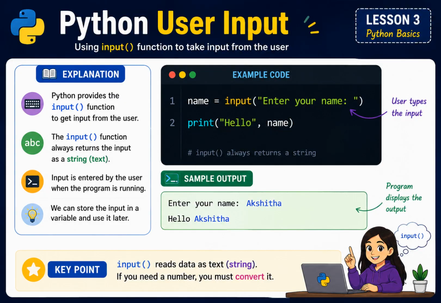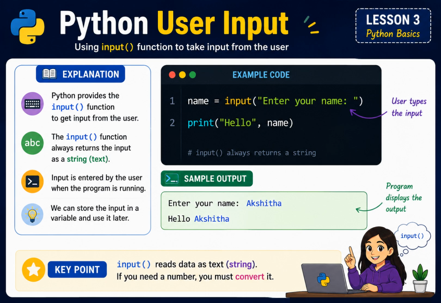Python provides a built-in function called input to receive information from the user while the program is running. The syntax is very simple: name is equal to input, and enter your name within the double quotes. Here the program pauses and waits for the user to type something.